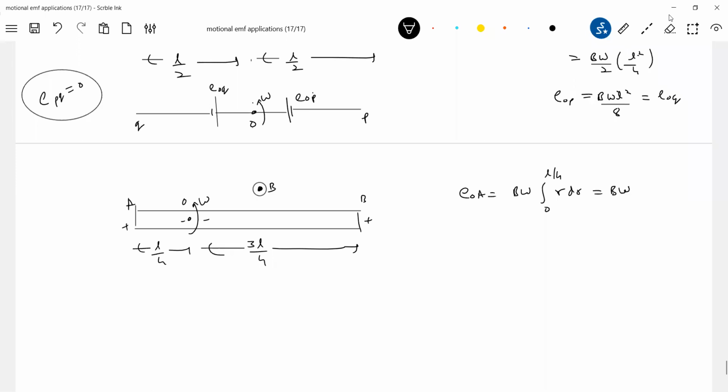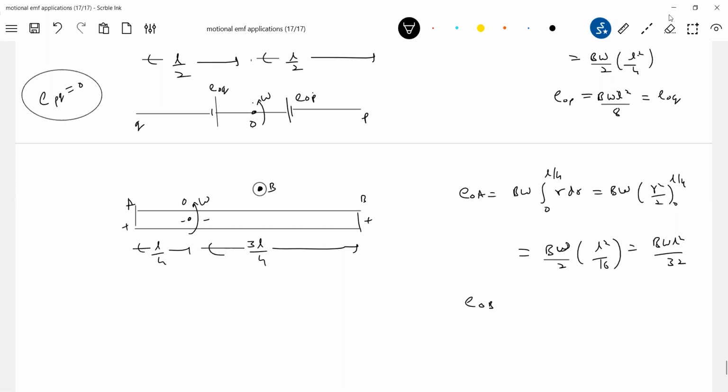So B omega by 2 into L by 4 whole square, so this will be B omega L square by 32.